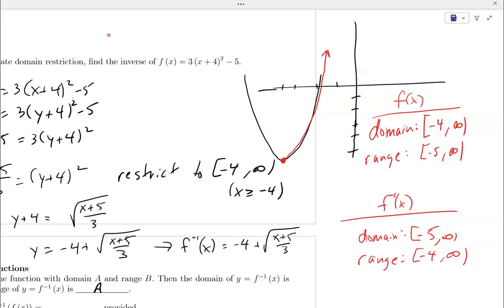The domain of the original became the range for the inverse. The range for the original becomes the domain for the inverse. They flip-flop. Which makes sense because, again, inverses interchange the roles of x and y. Right? So they need to flip-flop.